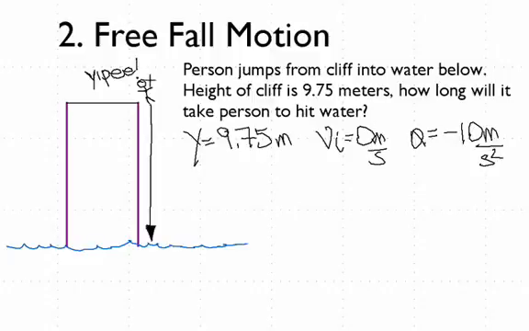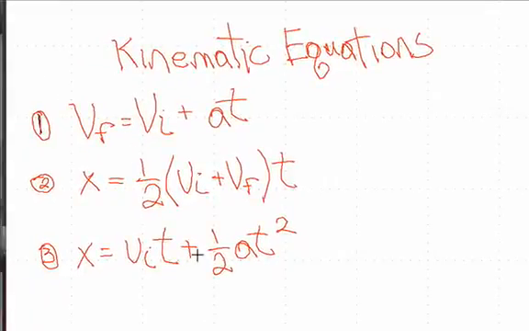Now this one, the algebra is a little more complicated, but in this case, we're going to use the same equation. We want to know the height. We don't know the final velocity. This equation doesn't have the height or the distance in it. This one does, so we'll use the same equation again. We're just going to solve it a little differently.